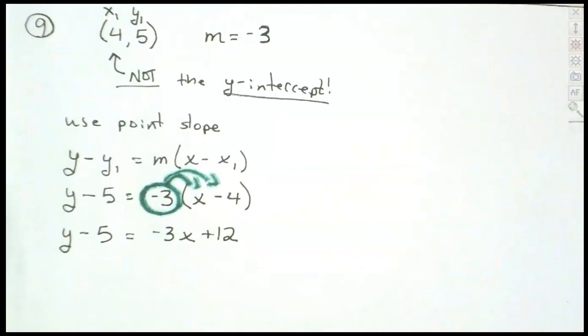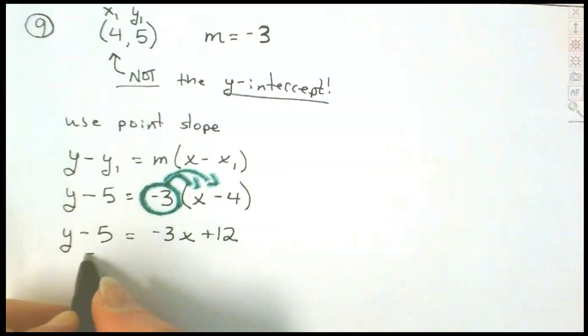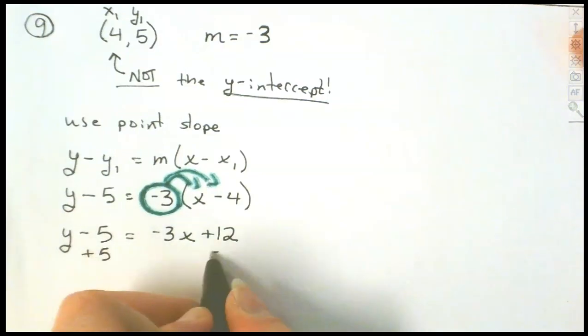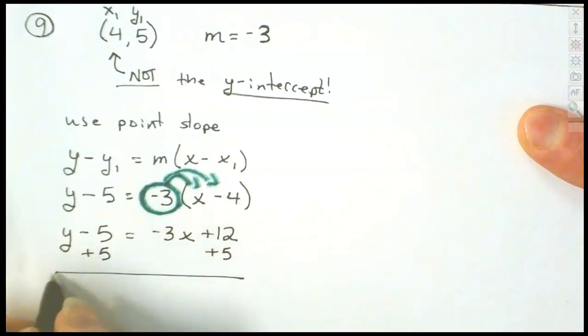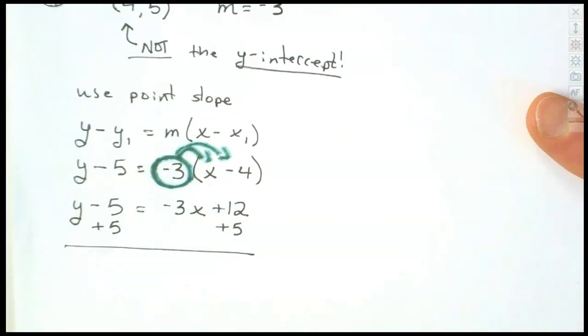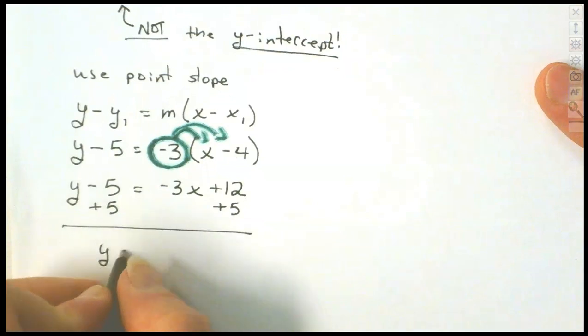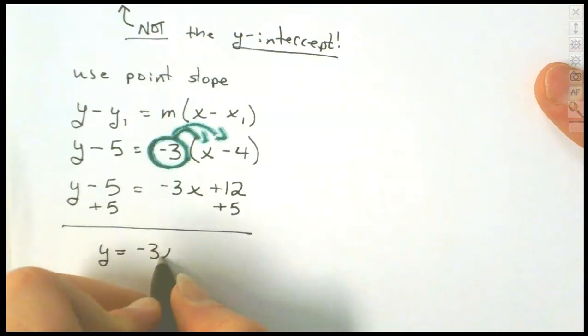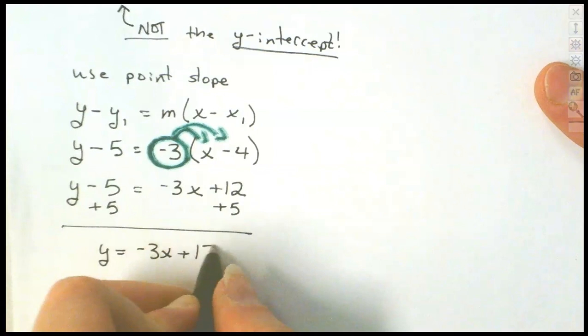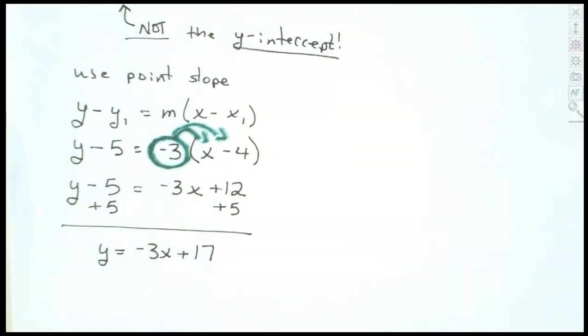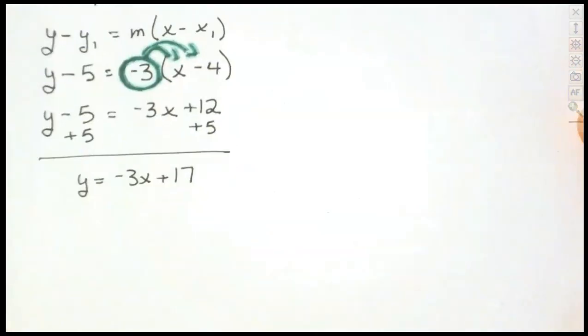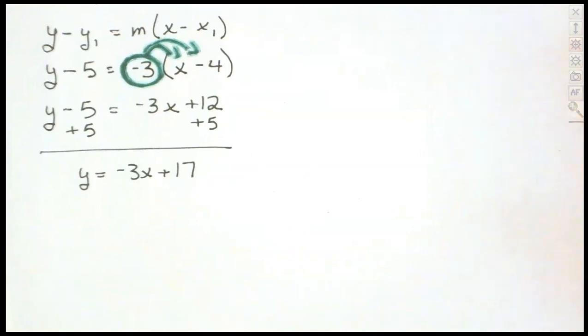What do we need to do? We need to solve it for y. So that 5 needs to be added over. And now we've got our answer in slope-intercept form, which is y equals minus 3x plus, when we add them together, 17. So that's going to be your answer on that.